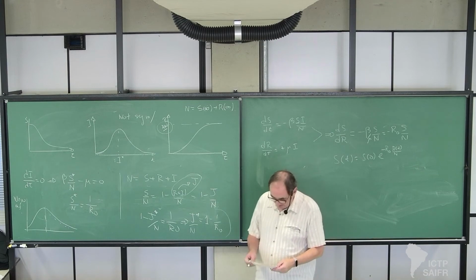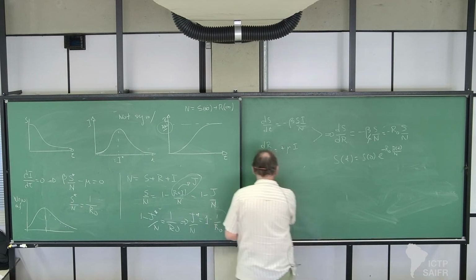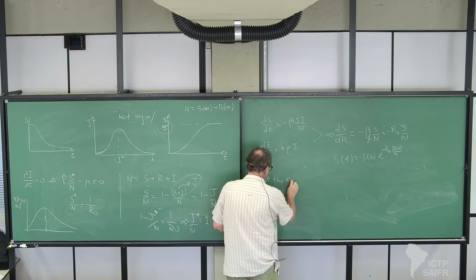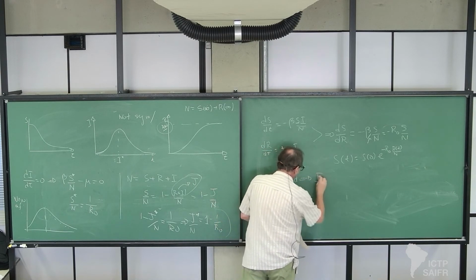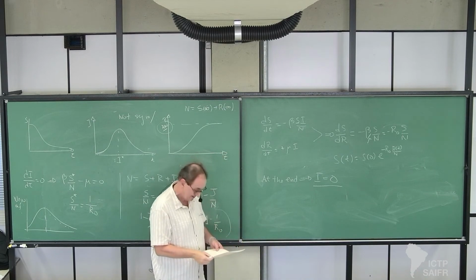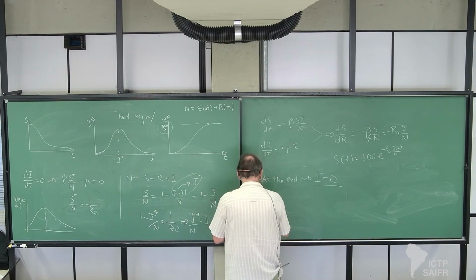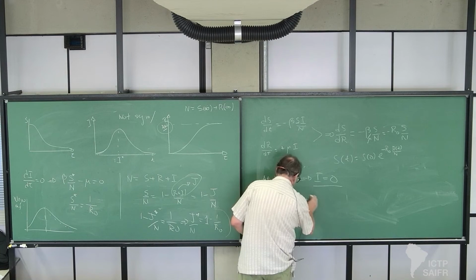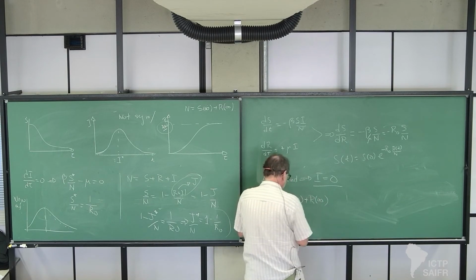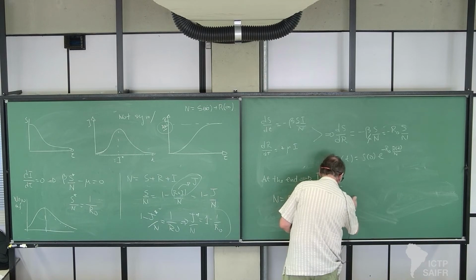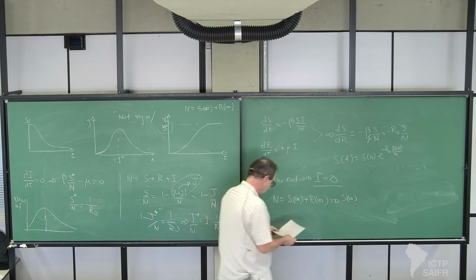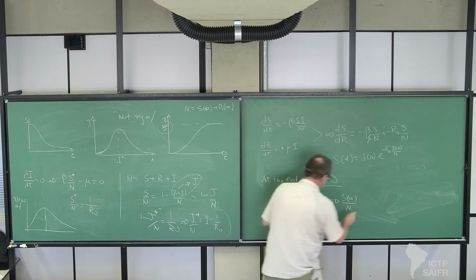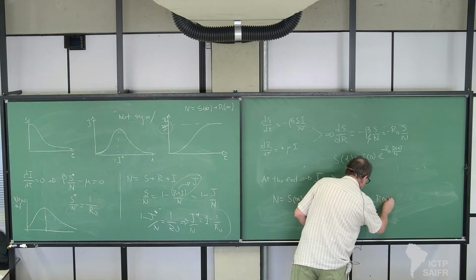So at the end, I is 0. Therefore N is equal to S infinity plus R infinity, which allows us to calculate S at infinity divided by N is equal to 1 minus R at infinity divided by N.